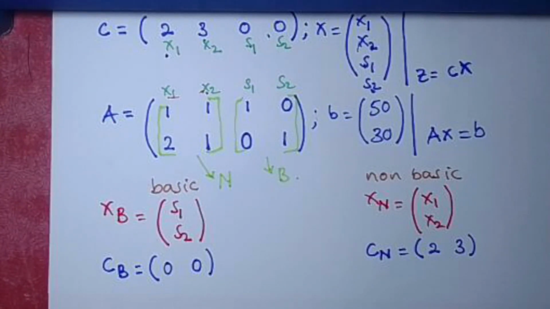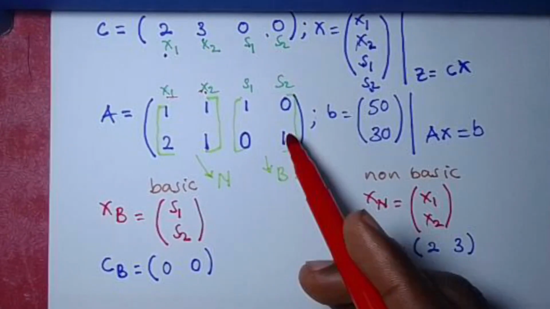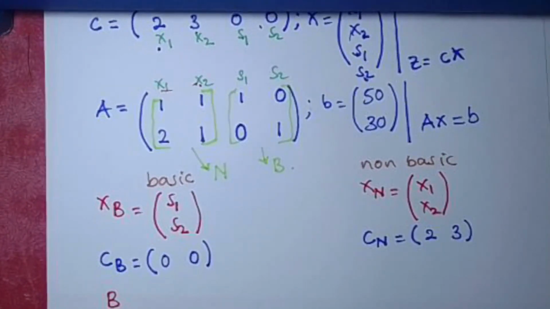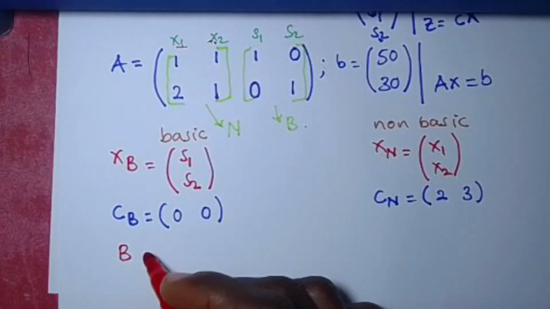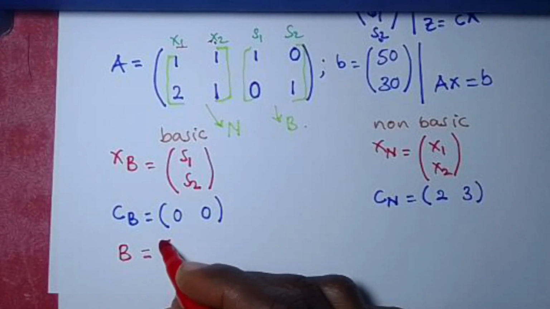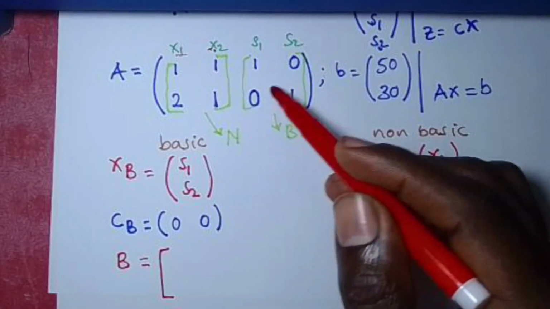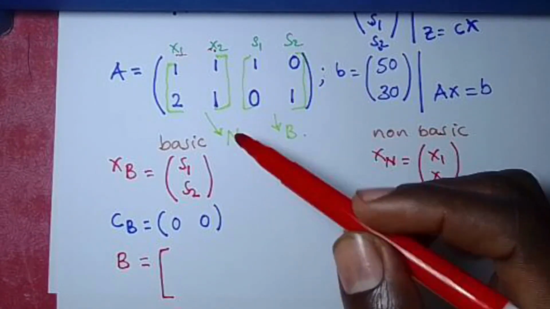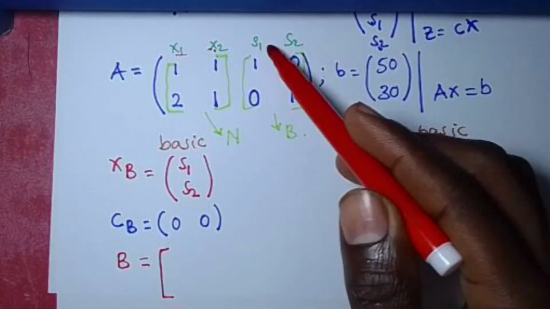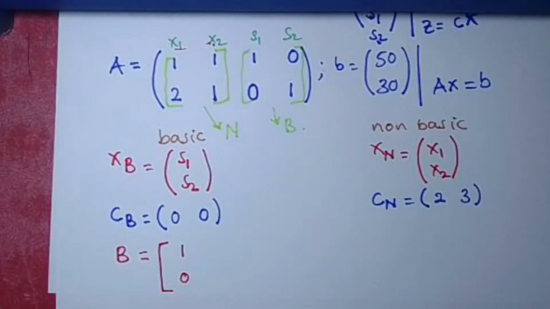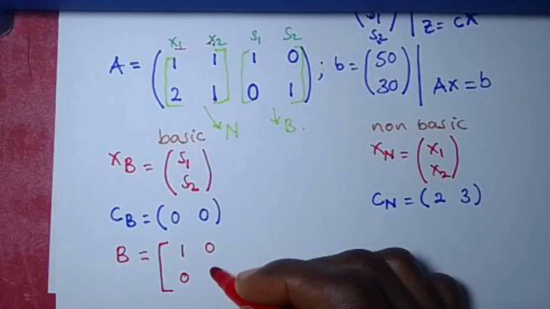So, using that same idea, we say the basics are S1 and S2. So, basic set B is going to be equal to the matrix for the basic. We shall come here and extract this set the way it is. We said S1 and S2 are the basics, so S1 is having a 1, a 0, and then S2 is having a 0 and a 1.